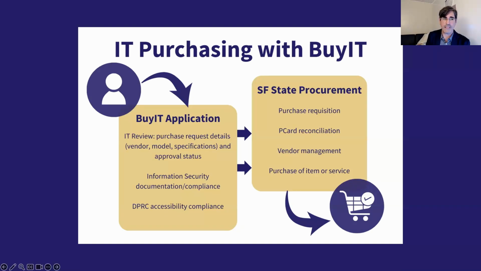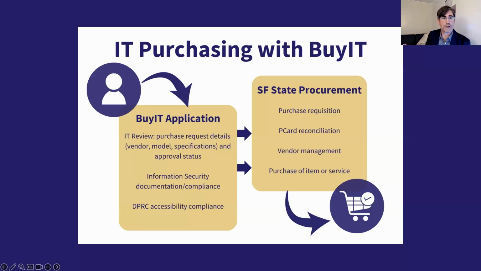We've been partnering with procurement to build into the process, while a user is going through the form within BuyIT, a foreshadowing of the requirements and the fact that when this is done, you are now going to be moving into procurement. What that really means is creating visibility for the user.